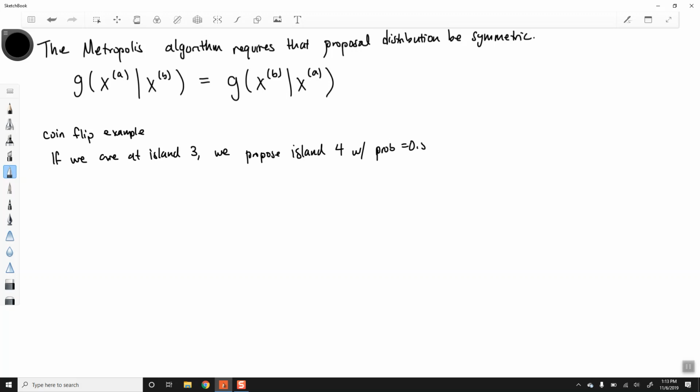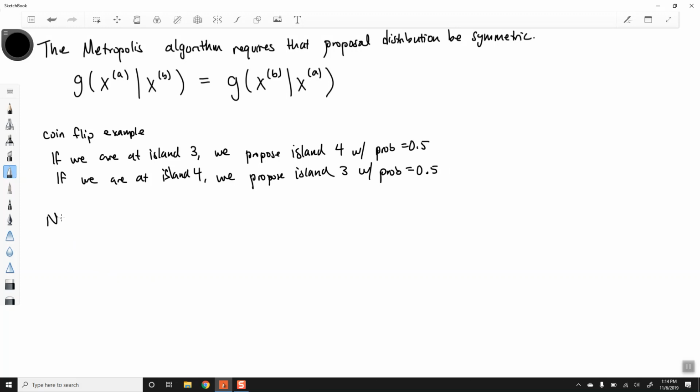If we are at island 4, we propose island 3 with probability equal to 0.5. So the probability of proposing 4 from 3 is the same as the probability of proposing 3 from 4.